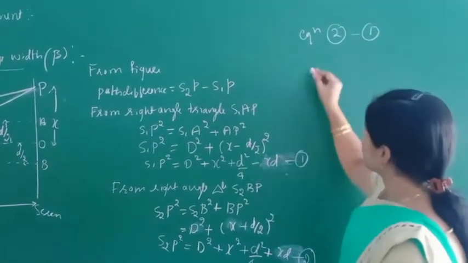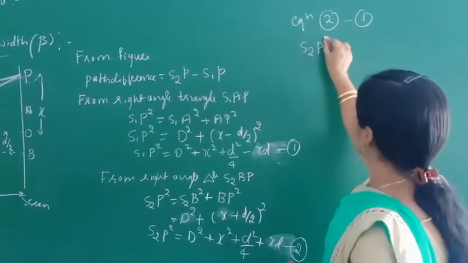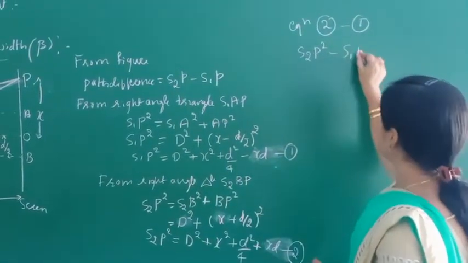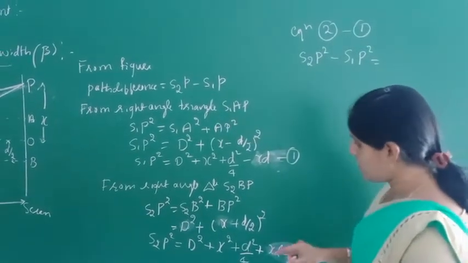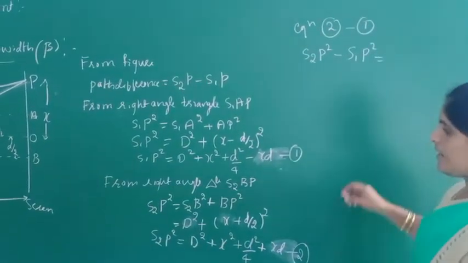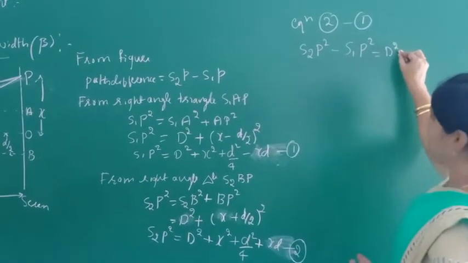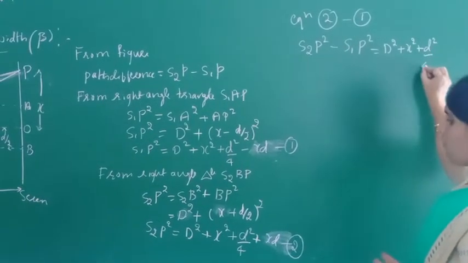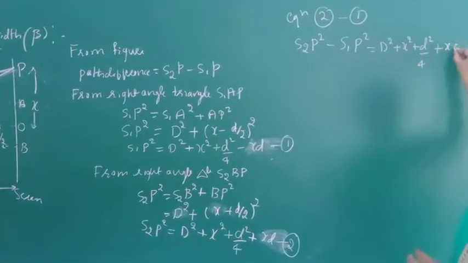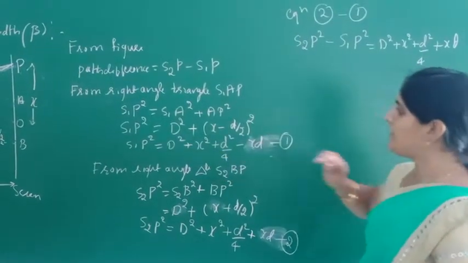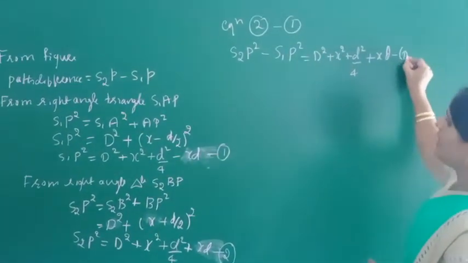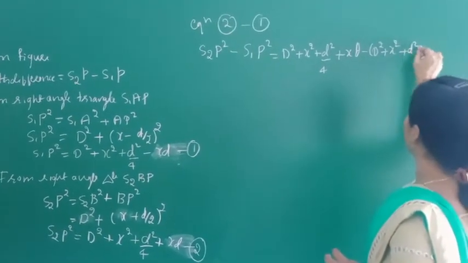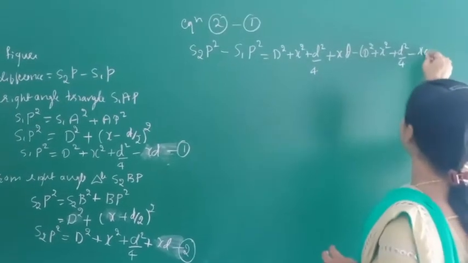I will get the LHS as S2P square minus S1P square, equal to the right hand side: D square plus X square plus D square by 4 plus XD, minus of D square plus X square plus D square by 4 minus XD.